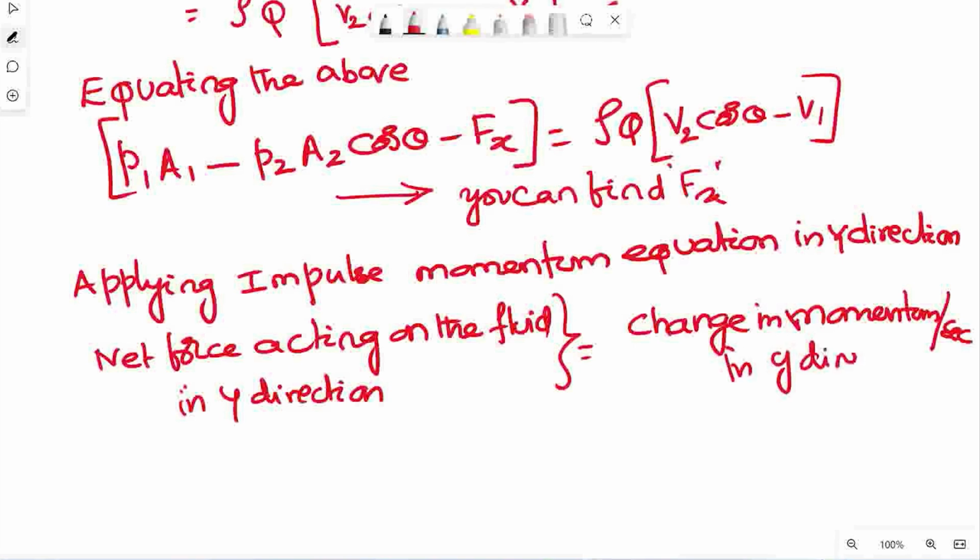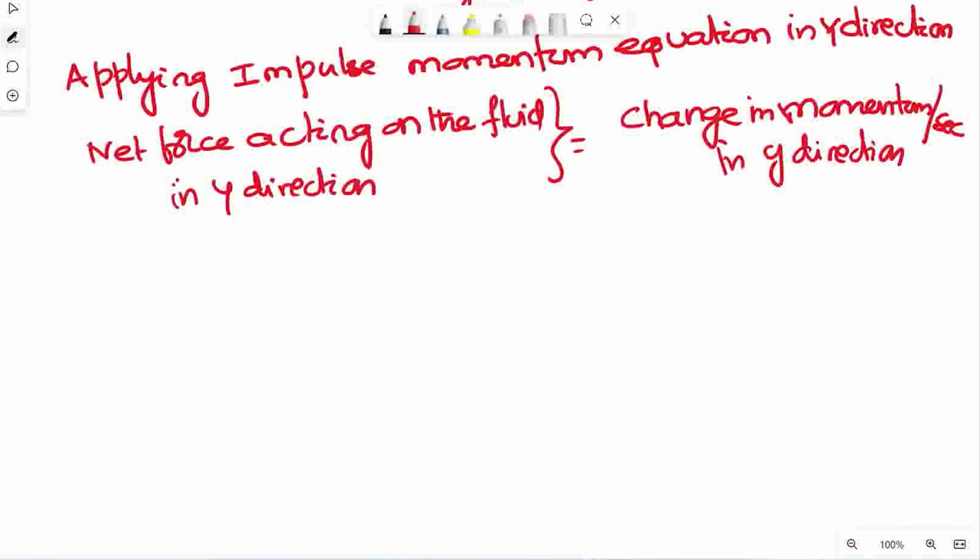So now I will find out what is the net force acting on the fluid in the y direction. At the initial stage, the whole pressure is only in the x direction. So what is the initial pressure in the y direction? It is 0, then minus P2 A2 sin theta. Why 0? Because the entire pressure is only in the horizontal direction. There is no pressure component at section 1 in the y direction.